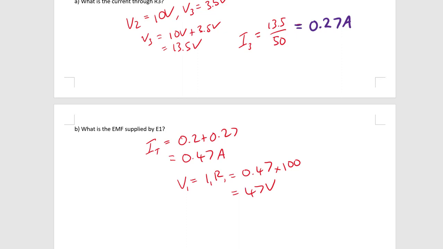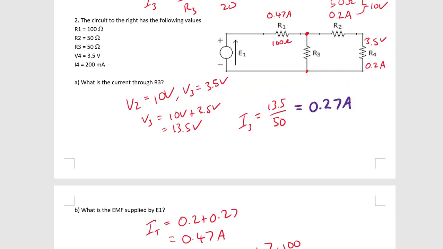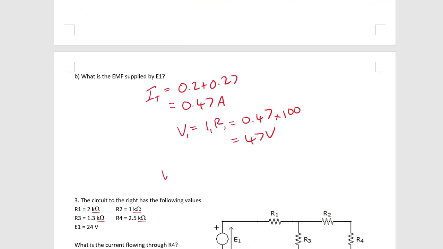So that's the voltage across this resistor here. The voltage across here plus the voltage across R3 is going to be equal to the total voltage, which means that the total voltage is going to be 47 volts plus 13.5 volts, and you should therefore get 60.5 volts.